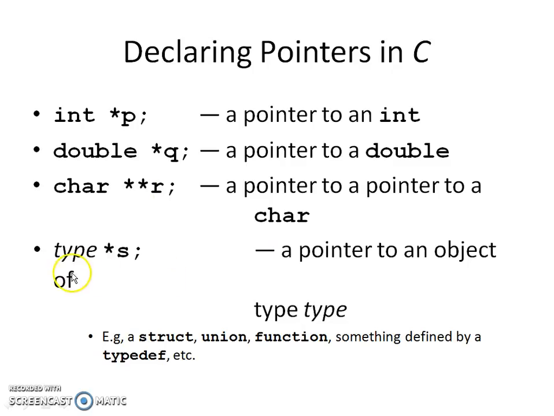Another one is without a type. There can be a user-defined type, so a pointer to an object of a type, for example a structure, union, function or any user-defined type.